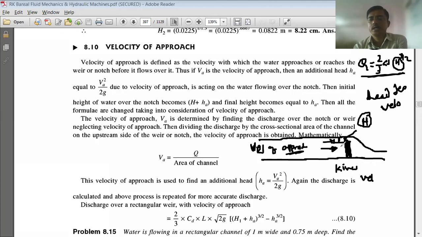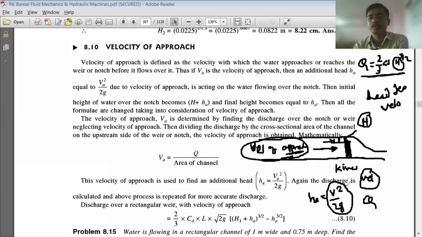To get a more accurate discharge reading, we should consider this velocity of approach and find out what will be the velocity head or kinetic head of this water. Velocity head, we know the formula: the formula for velocity head is v square upon 2g, right? So this much head we need to add in this formula. So that is called the velocity of approach.